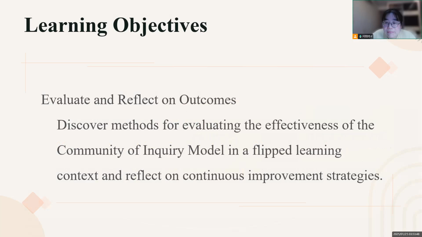And third, to explore evaluation methods and opportunities for improvements. We can discover methods for evaluating the effectiveness of the community of inquiry model in the flipped learning context and reflect on continuous improvement strategies.